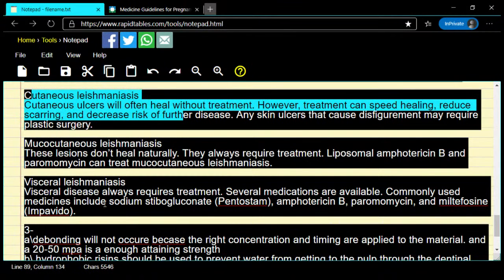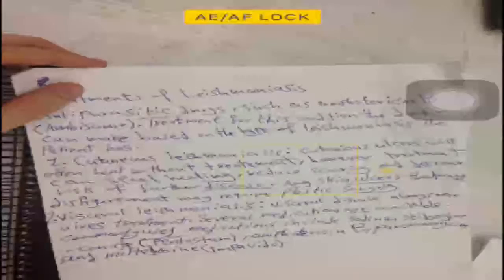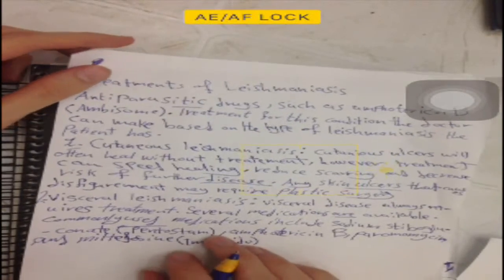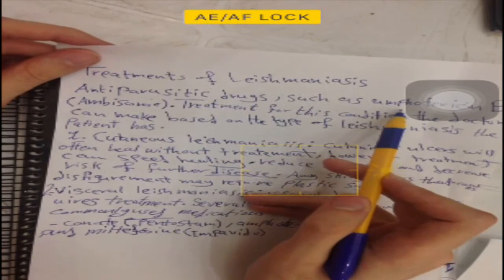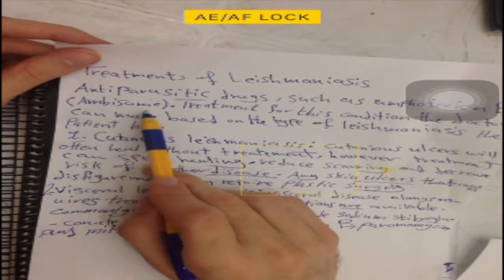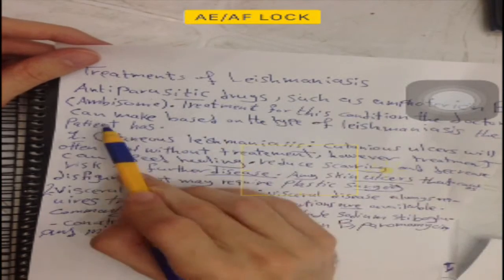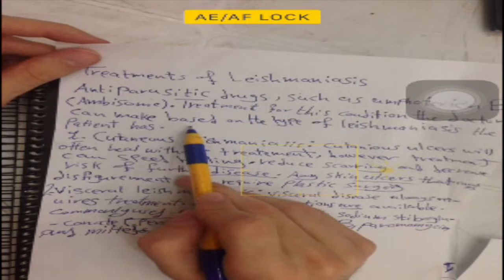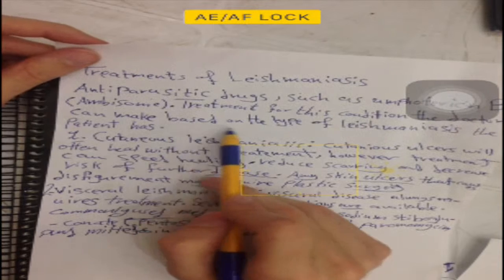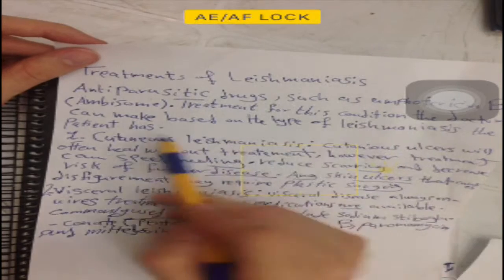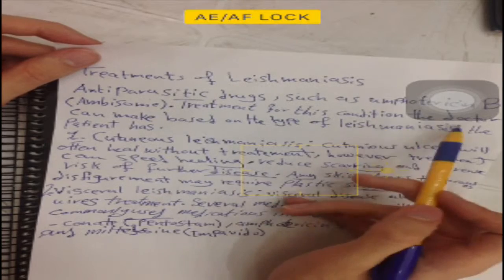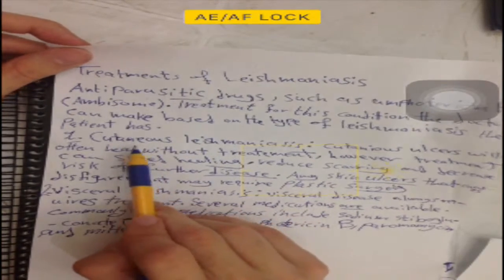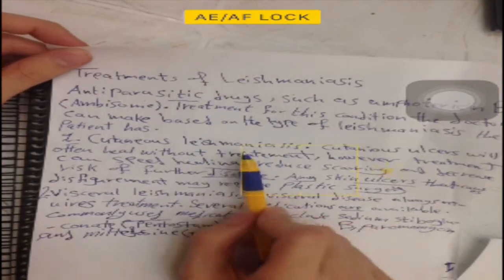and the cutaneous leishmania. Cutaneous leishmania, as we wrote here in the paper, you can see that. Treatment for leishmania: antiparasitic drugs such as amphotericin B and Bizome. The doctor can make the treatment based on the type of leishmaniasis the patient has. We have cutaneous leishmaniasis here.